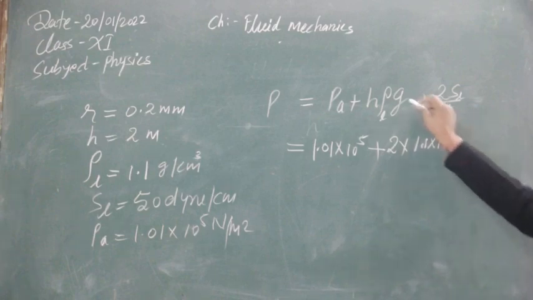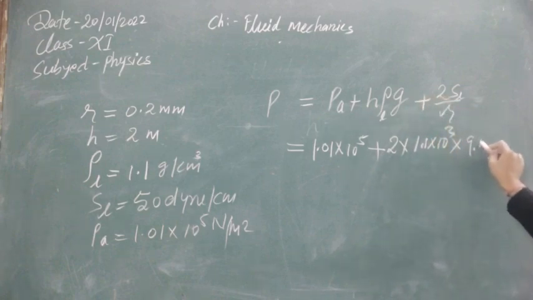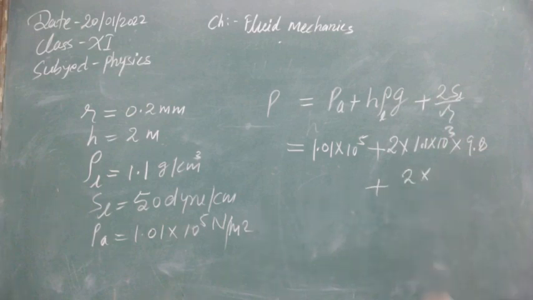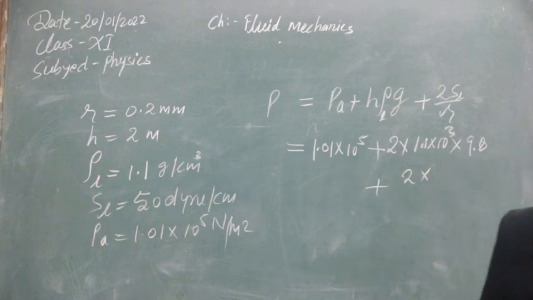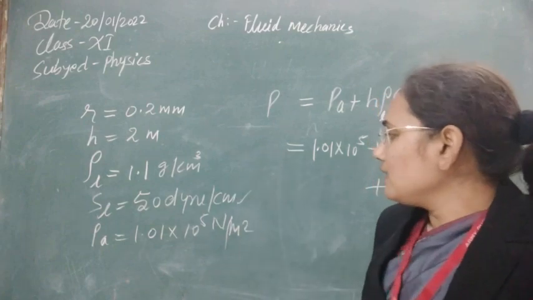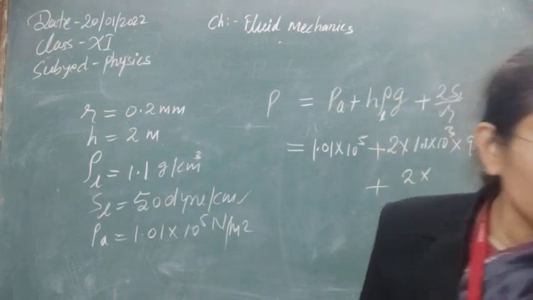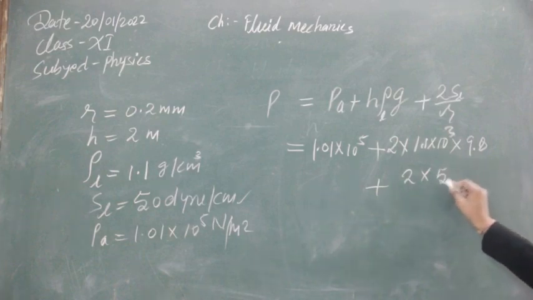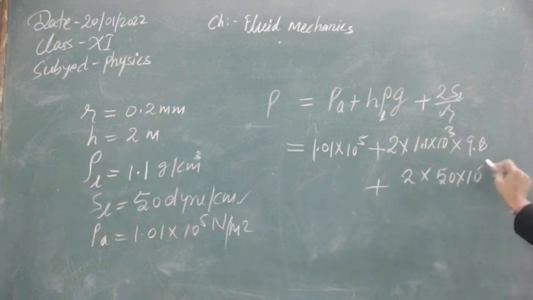Then into g, that will be 9.8, plus 2 times S, that we have 50 dyne per centimeter. Now let's convert it also in terms of SI units, that is Newton per meter. If we convert it, it is obtained as 50 into 10 to the power minus 3 Newton per meter.